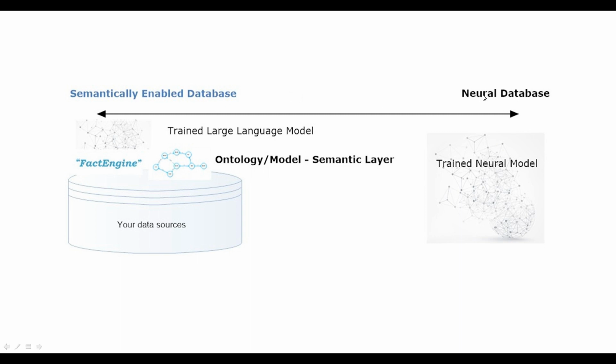Now, in this diagram here, I'm differentiating FactEngine from neural databases, which don't really exist yet in 2023, at the opposite end of the scale, where you might have every single bit of your data in some sort of neural network, neural database.